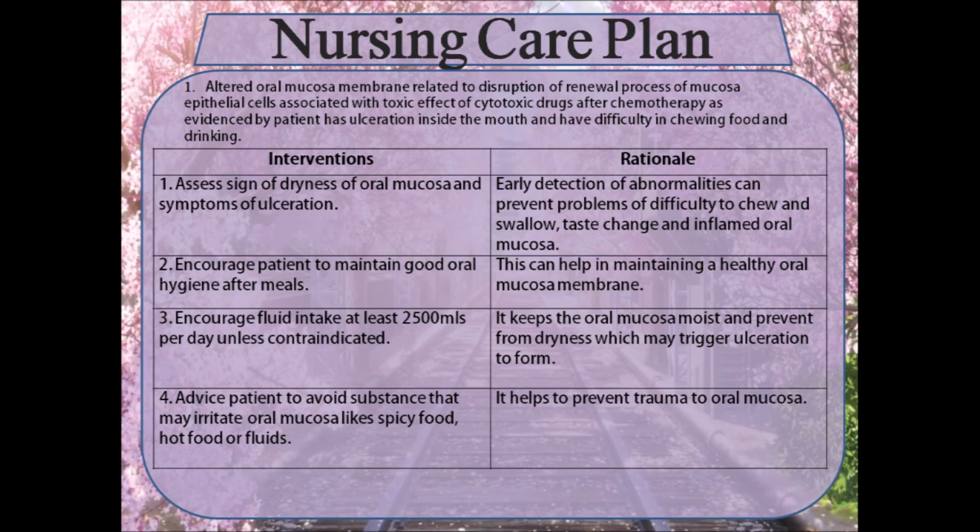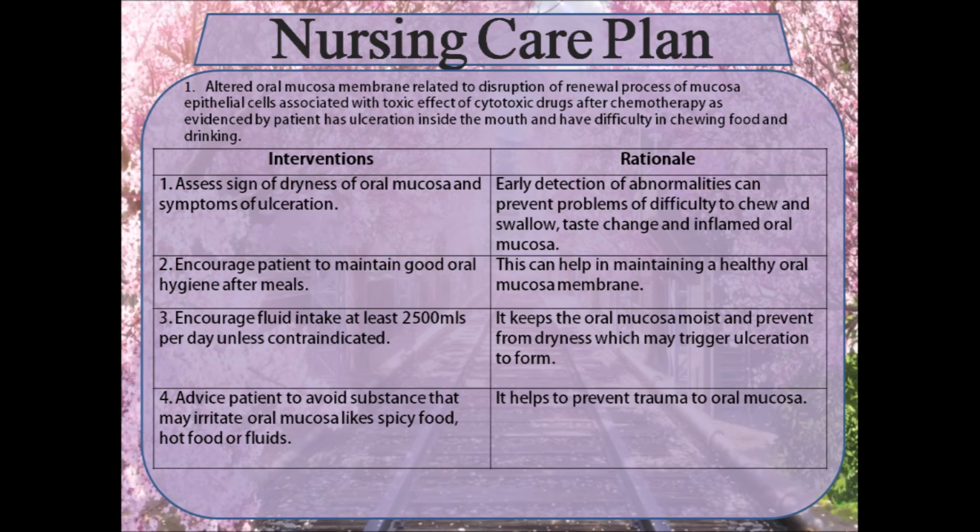So the first intervention is to assess signs of dryness of oral mucosa and symptoms of ulceration for early detection of abnormalities. Secondly, encourage patient to maintain good oral hygiene after meals, which can help in maintaining a healthy oral mucous membrane.